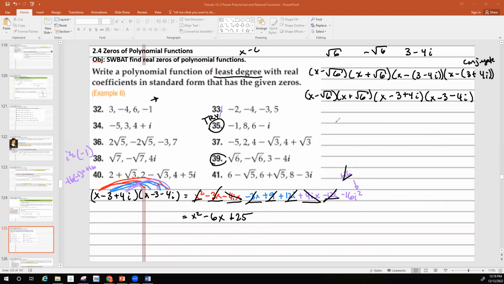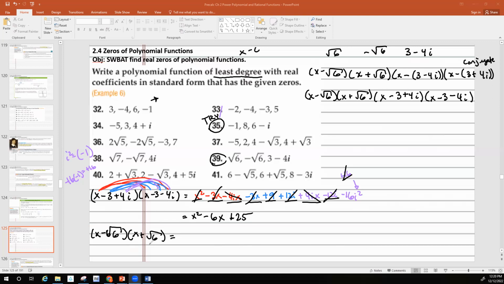There you go. Now let's do the same thing with the x minus square root of 6 and the x plus square root of 6. All right. And if you're looking at this, you're probably wondering, hey, Mr. T, it's the same except opposite signs. One is minus, one is plus, one is plus, one is minus. It's a difference of squares.